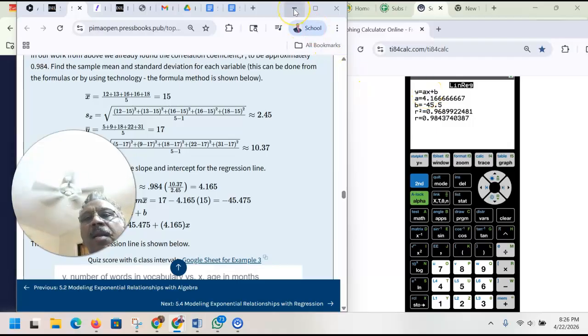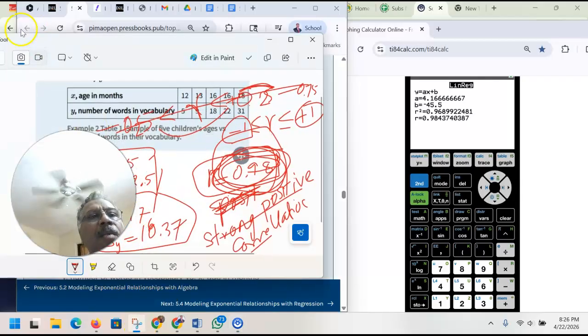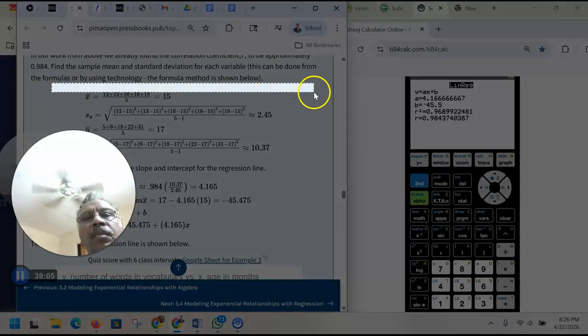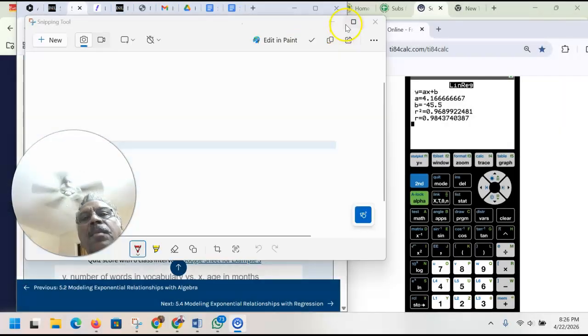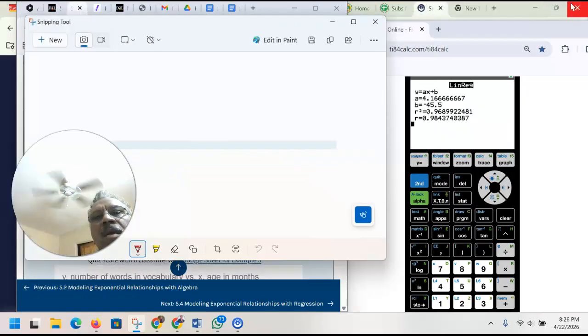See? So your answer now here is Y is, I don't know, how do I write? Let me see if I can write the equation. Okay, watch this. So y is ax plus b, right?